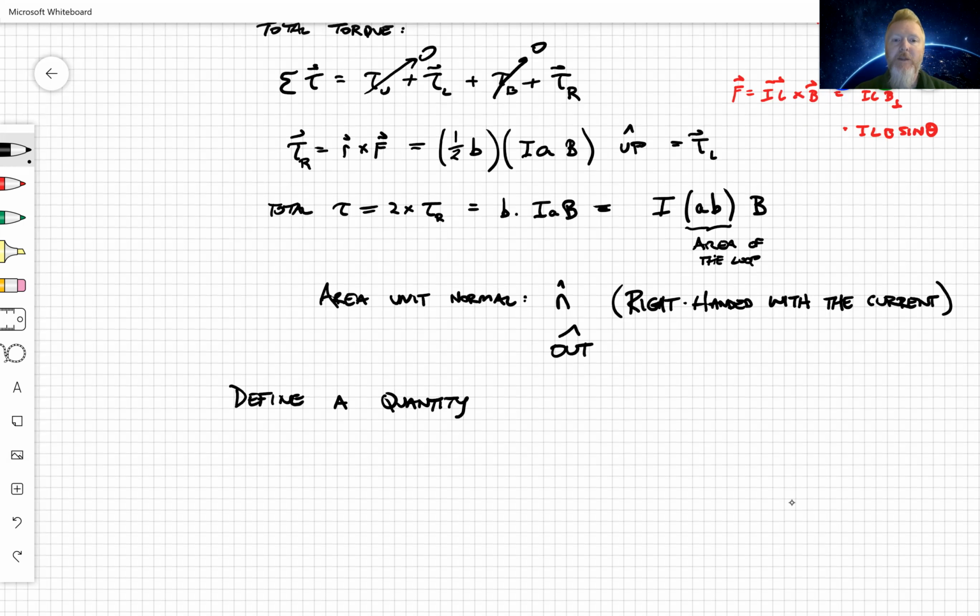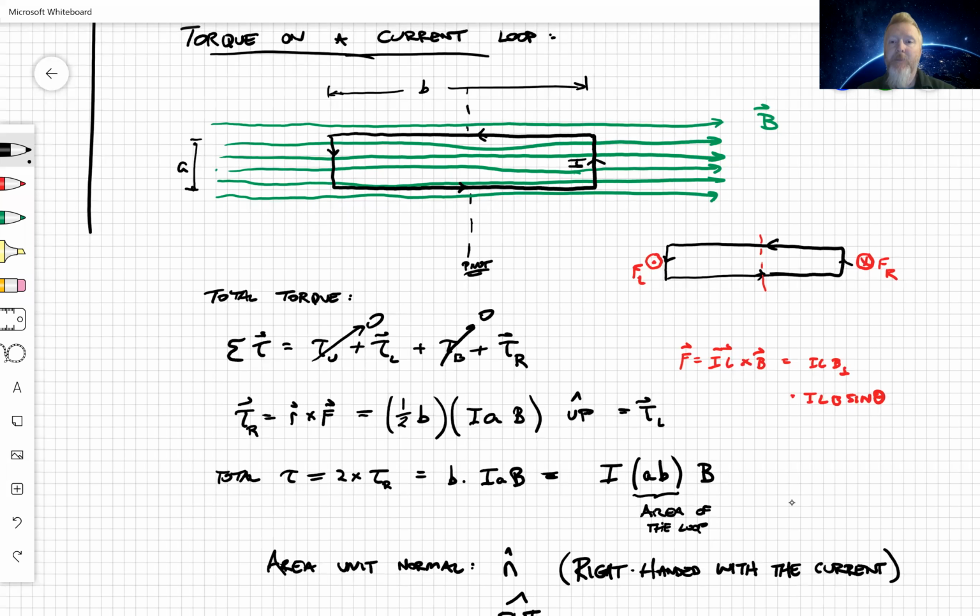I'm going to define a quantity which is I times the area of the loop, n hat. I'm going to say that when you cross that with the B field, it's going to give you the torque.